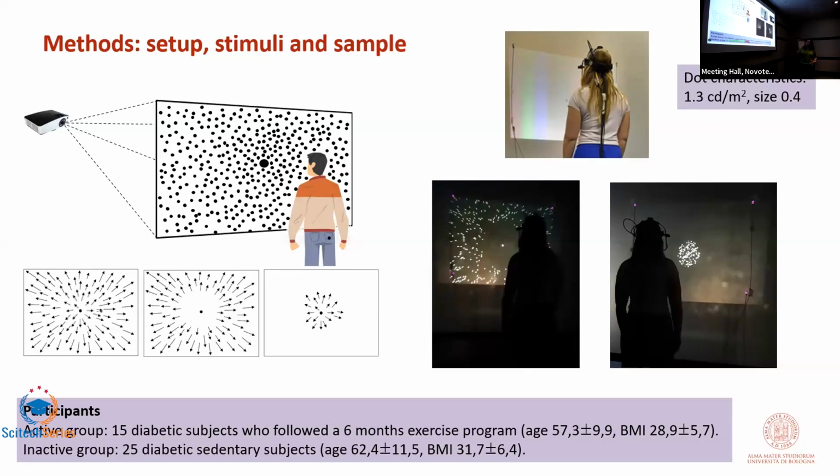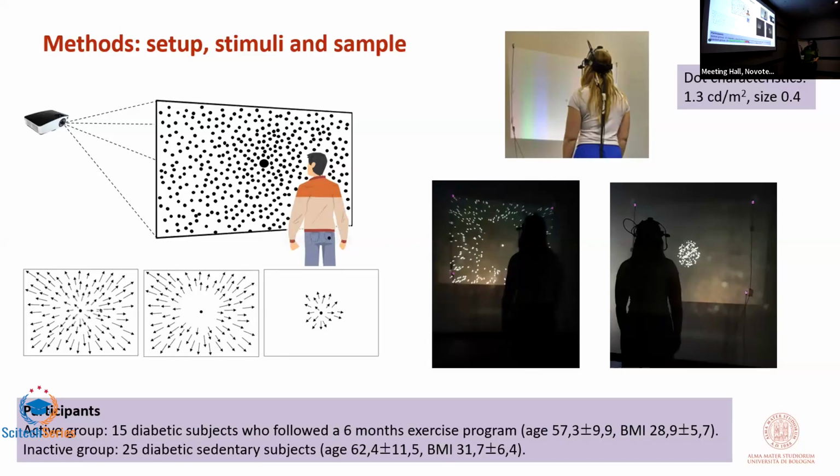The second stimulus was to stimulate just the peripheral visual field, with a blank in the middle. And the third stimulus was to stimulate only the foveal part of the visual field. Okay, so here you see a picture of one of our subjects.